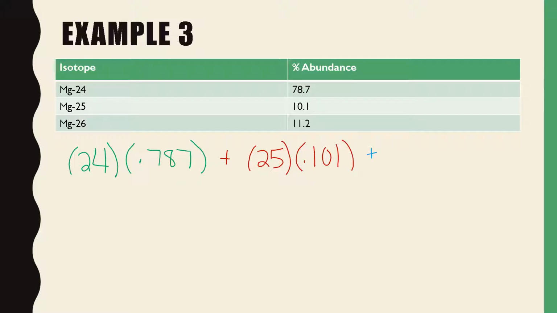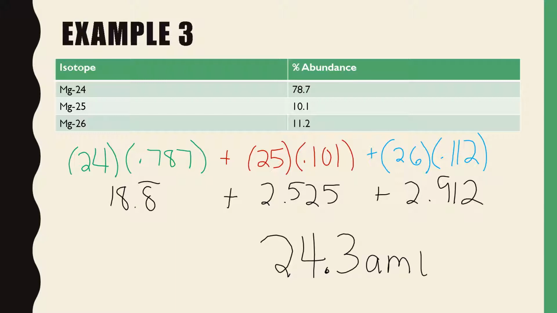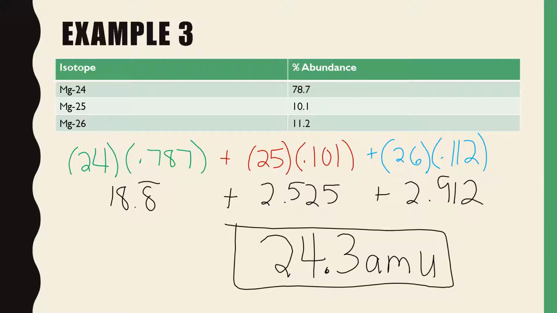And then we are going to add 26 times our 0.112. This is going to give us 18.8 repeating plus 2.525 plus 2.912 for a total of 24.3 atomic mass units. That would be our average atomic mass for magnesium.